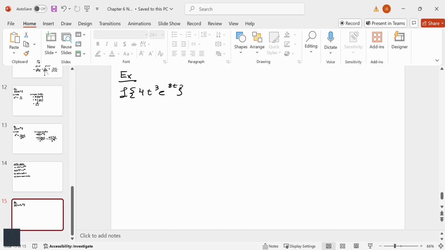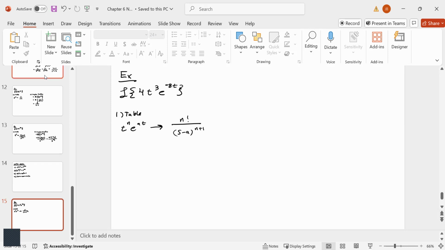And so if you look at your table, there's going to be one of them that looks very similar to this, right? And the table would say, if it's t to the nth power, e to the at, then the Laplace transformation is going to be n factorial over s minus a to the n plus 1, right? And just to make this more interesting, let's make it -8. So you see what happens when it's a negative number.